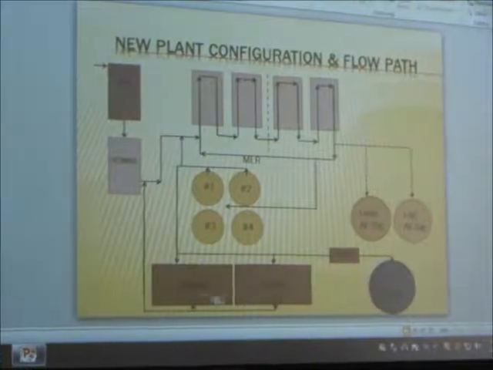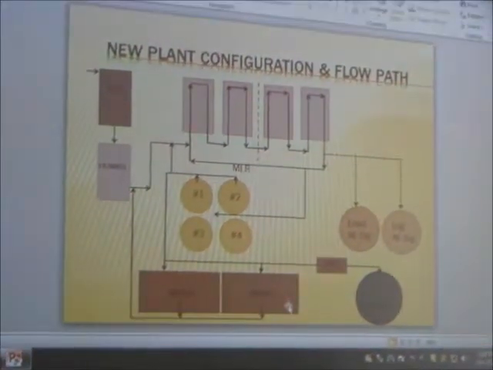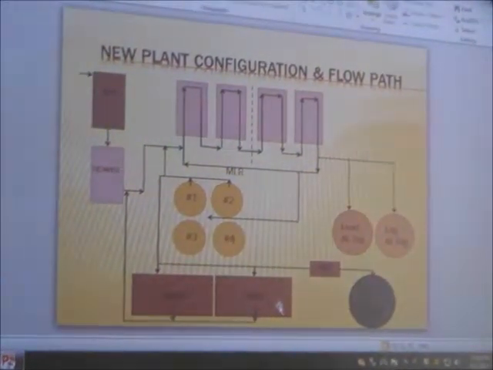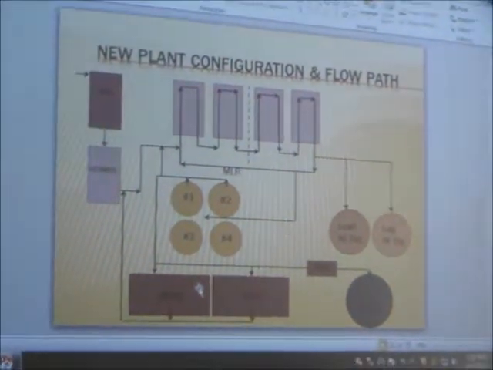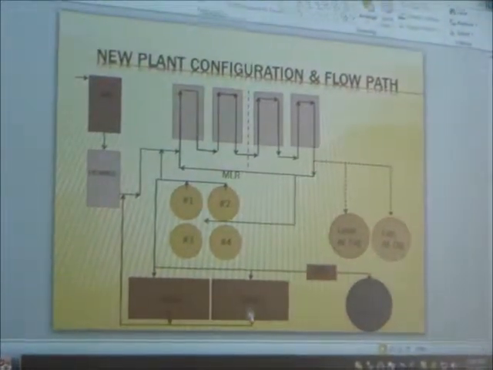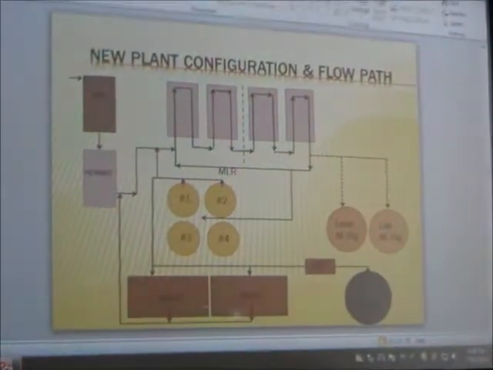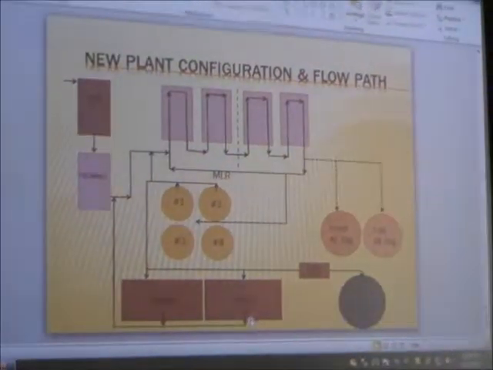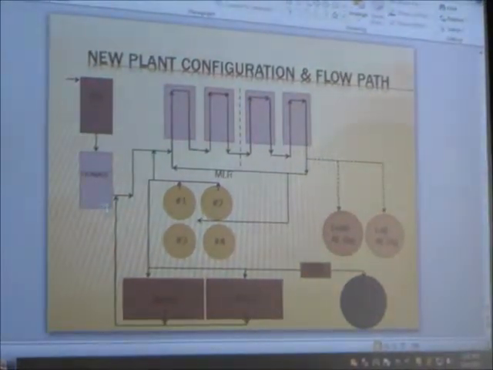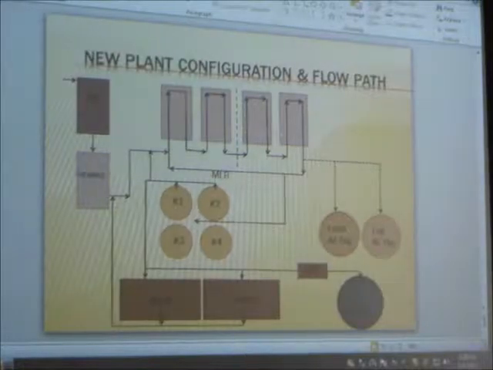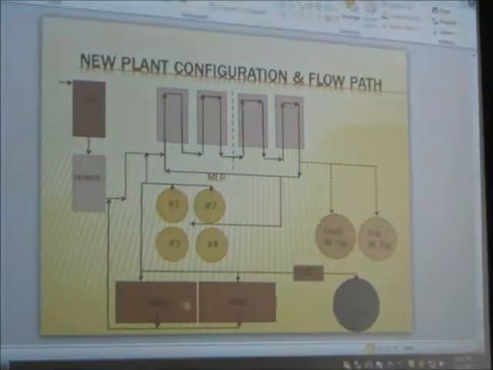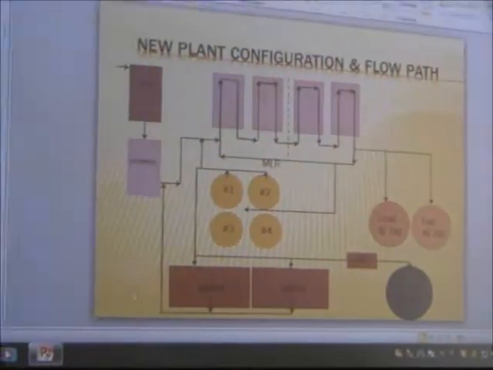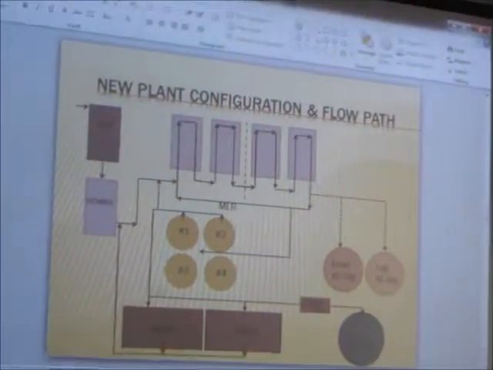Minimum of 10 days is the design, but we have a longer residence time. I think it's about 17 days maybe. And then a portion of that is then returned to your aeration system. So what we're doing with this, we're just sending some into the aeration system and replacing it with sludge from the clarifiers.